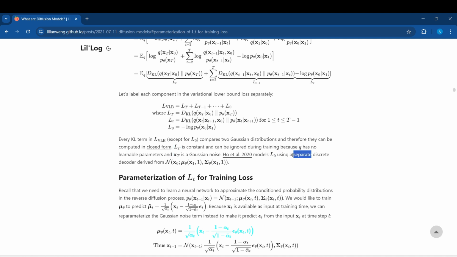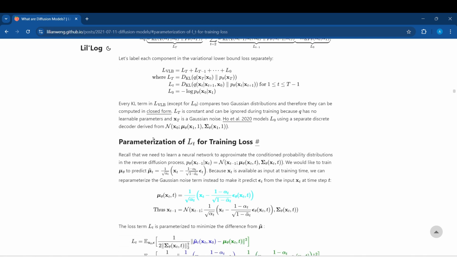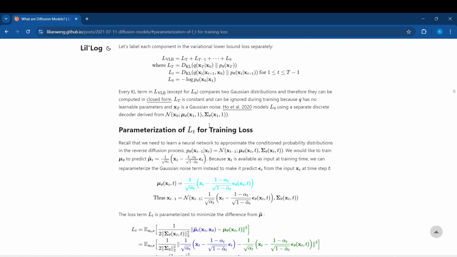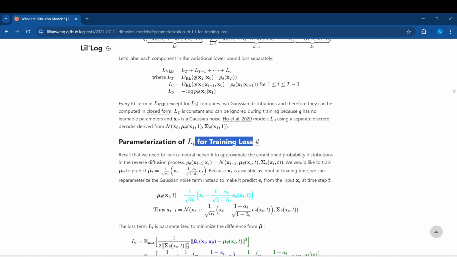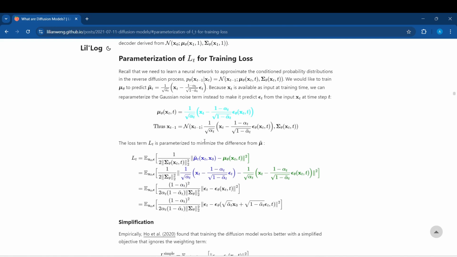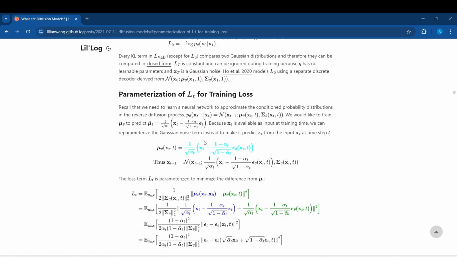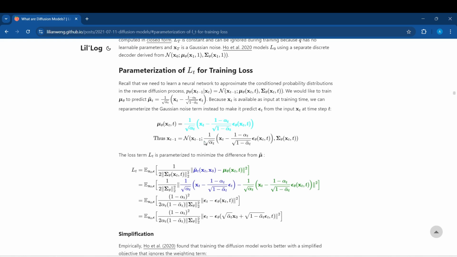L_0 can use a separate discrete decoder derived from this. This is also a different concept, but we are not going to look at it. We are just going to go for our training objective, and this L_{t-1} is the thing for our actual loss, which we are going to implement, and which has been implemented in the DDPM implementation.